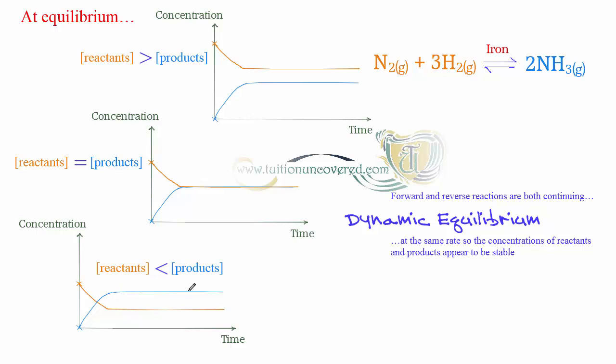If the products had a higher concentration than the reactants at equilibrium, we can then say the position of equilibrium here would have been shifted towards the right. It's more towards ammonia. The balance is towards ammonia, the products. Or, if the reactants and products had the same concentration at equilibrium, we can say the position of equilibrium is dead in the middle. Hope that was clear. Let's move on.